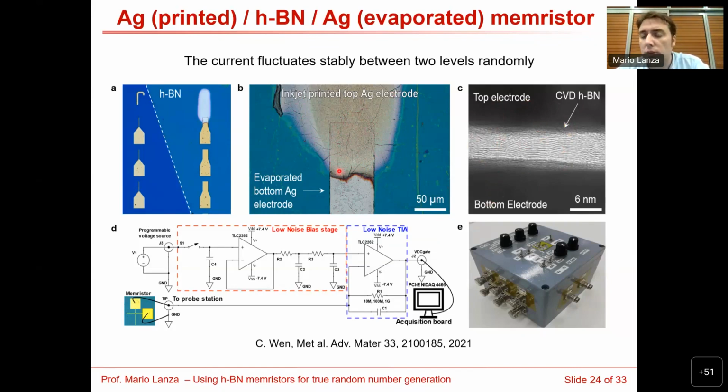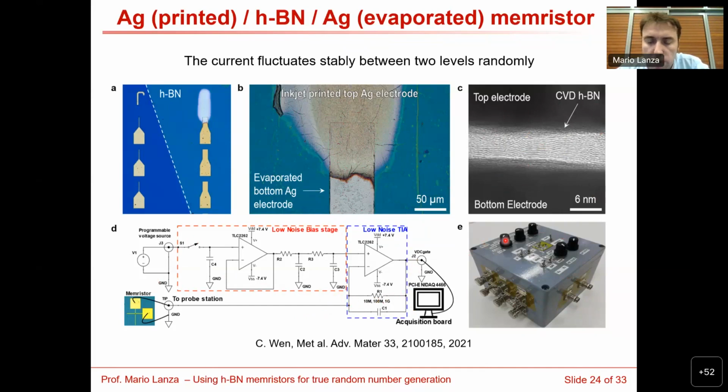Then what we do is apply a constant voltage to this junction, between here and here, and measure the current across it with a high temporal resolution. For this high temporal resolution, we employ one custom-made preamplifier, like this.